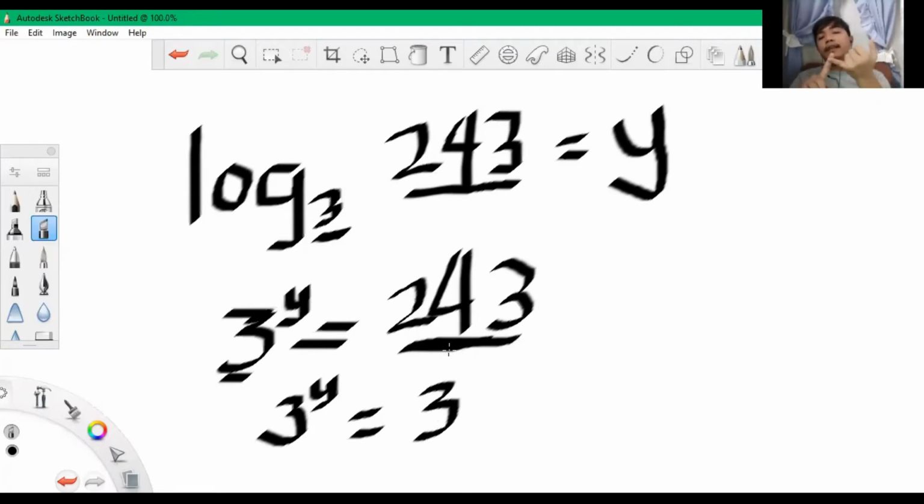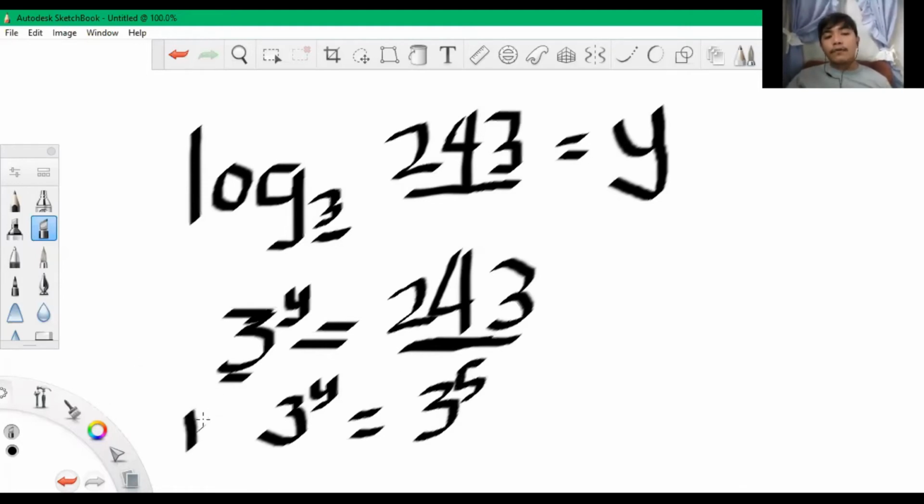So, if you have 3, so this is your first 3, and multiply it to another 3. So, 3 times 3, that is 9, times 3, that is 27, times 3, that is 81, times 3, and that would be equivalent to 243. So, the exponent of 3 should be 5 in order for it to be equivalent to 243.